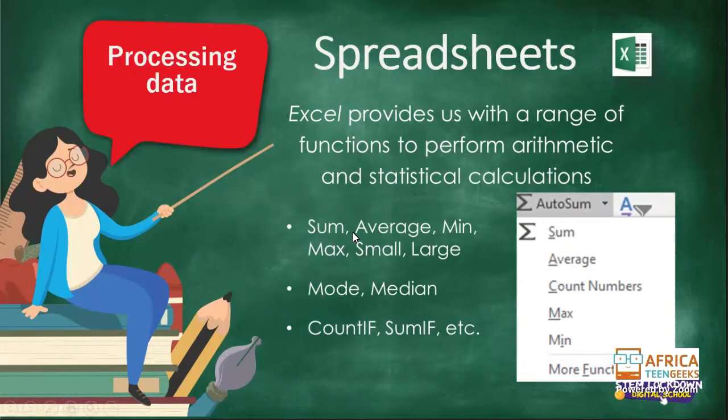Sum works with numbers, average works with numbers, min works with numbers, max, small, large, those all work with numbers. Now, if you decide in your PAT that you are only going to ask questions that require people to answer with text or with words, then you're going to have a bit of an issue completing this section of work, which means that you now have to find creative ways of getting the data that you need.